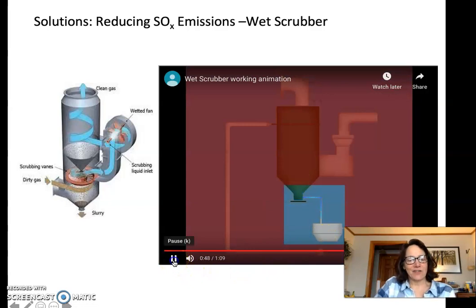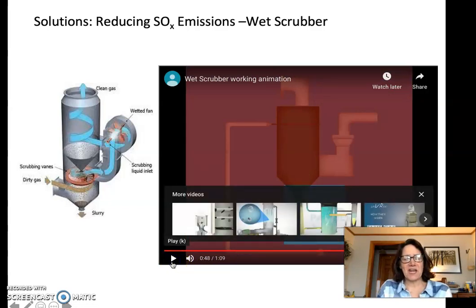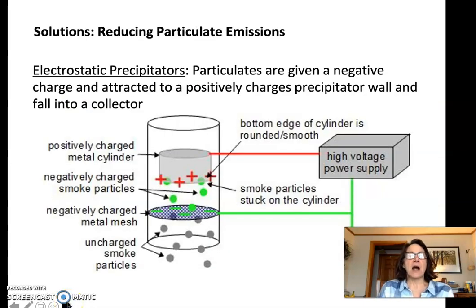They're not going to ask you a lot about how this works, I don't think, as long as you can simply identify that using a wet scrubber is a really good solution for removing SOx. In terms of removing particulates, that's the PM. I can use an electrostatic precipitator. Again, I don't think you're going to have to describe in a lot of detail how they work, but if you think of all that ash and fly ash and the particulates that we've looked at, they have a little bit of a charge to them.